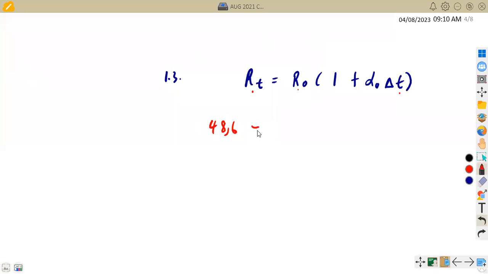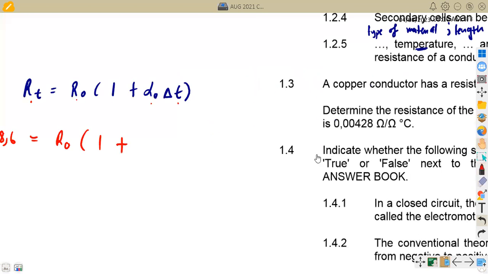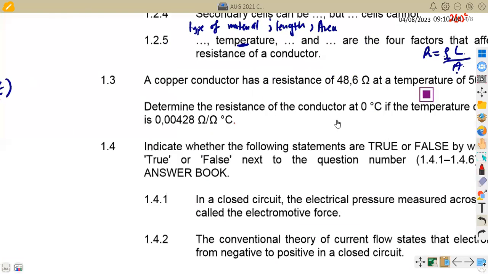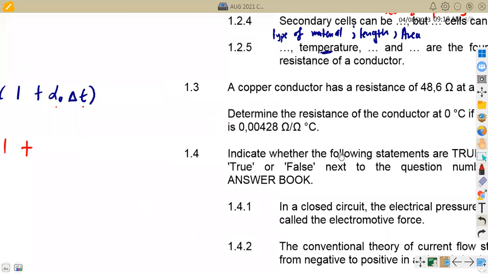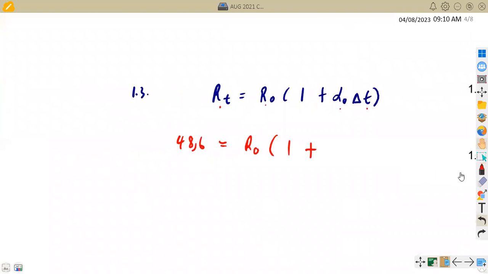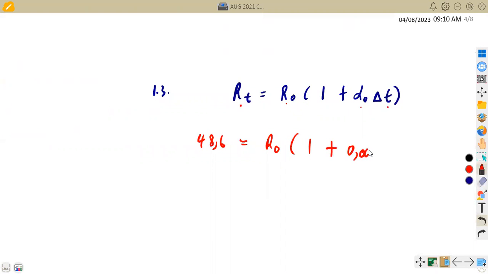We need to calculate the resistance at 0, so we do not have this. 1 plus the temperature coefficient of copper, which is 0,00428, times the temperature, 50 degrees Celsius, corresponding with the resistance of 48,6.